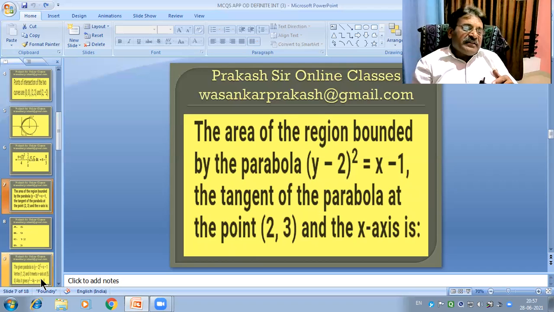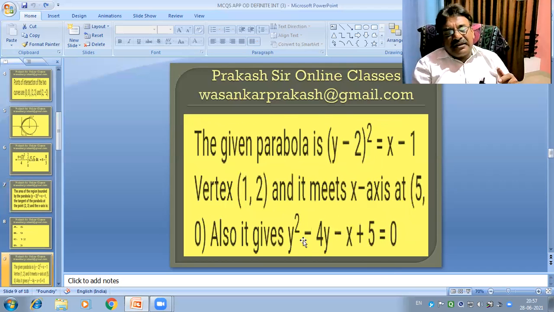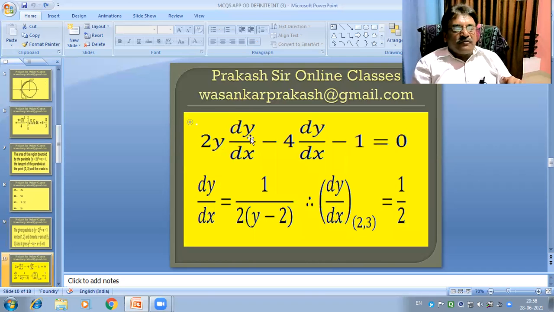So first we find the slope. We find the derivative of this equation of the parabola, so differentiate the equation with respect to x. Then we get 2y dy/dx - 4 dy/dx - 1 = 0, since the derivative of 5 is 0.